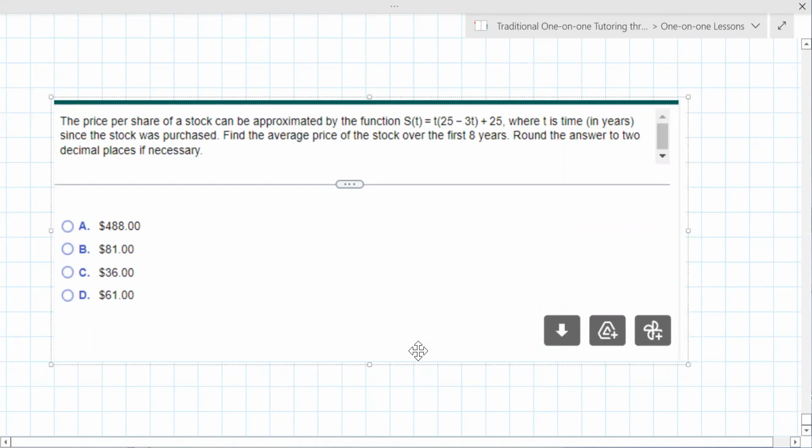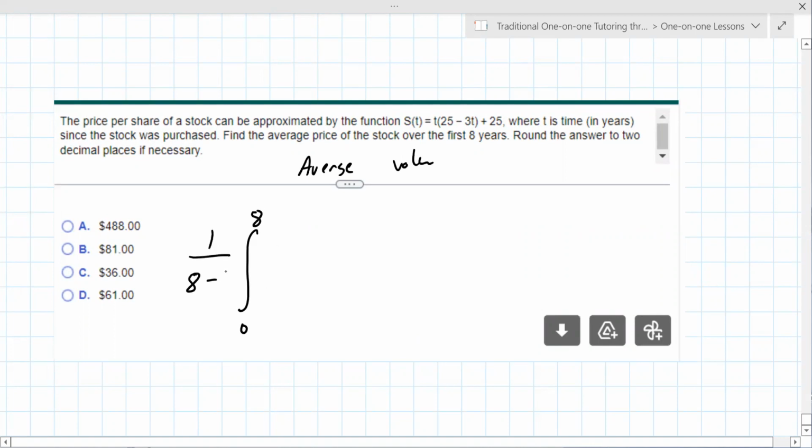This is considered an average value integral. And I don't know how you would know that as a first time calculus student, but the average value is, you need the limits of integration like this, and there's a formula: 1 over b minus a, and then it's t squared minus 3t plus 25 dt.